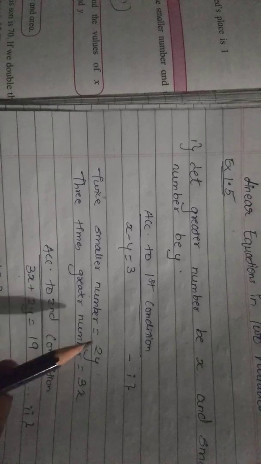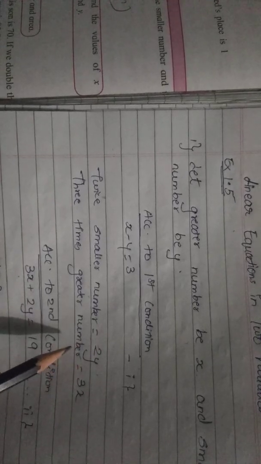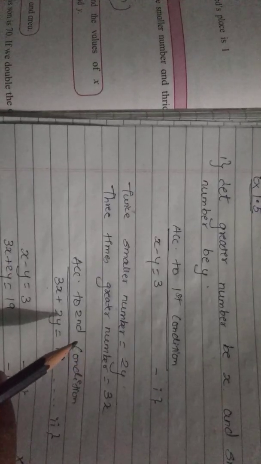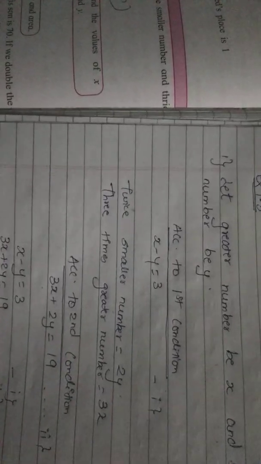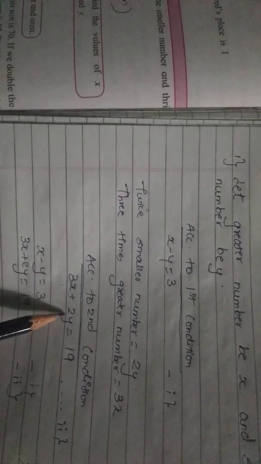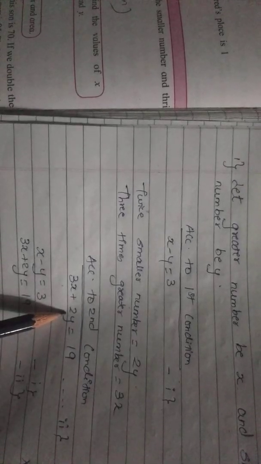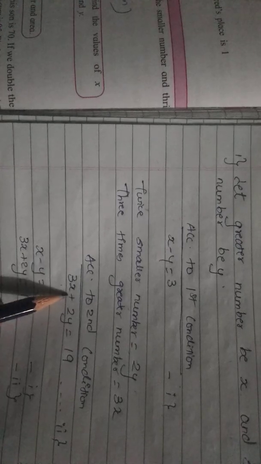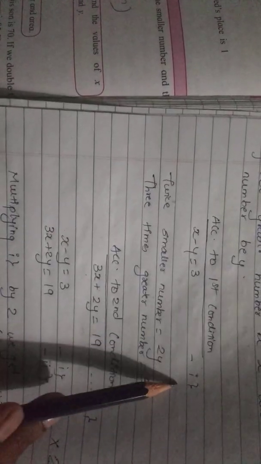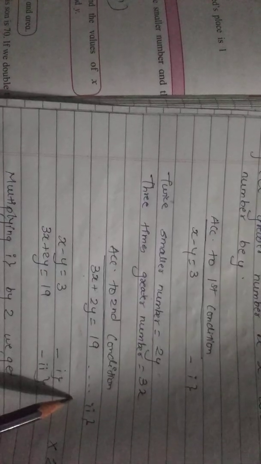And they have told us the sum of twice the smaller number and thrice the greater number is 19. Sum means plus, so 3x plus 2y equals 19. So we have got equation number 1 and equation number 2.